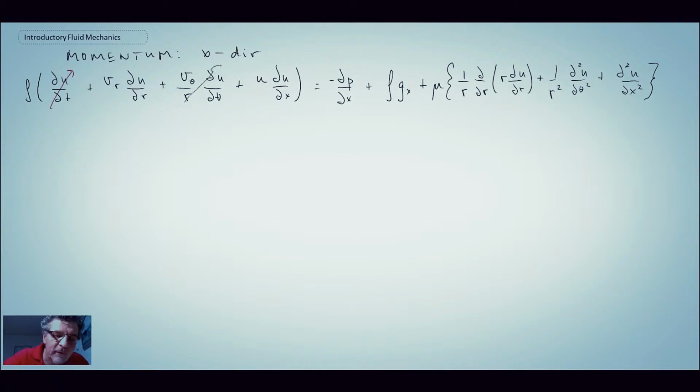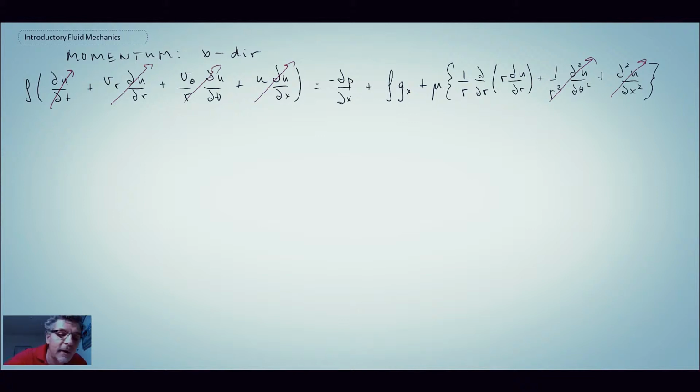We said there is no v theta or derivatives with respect to theta, so those disappear. We said the radial velocity was 0 everywhere, so this term with v_r in it disappears. And we said the velocity does not change in the x direction, since we have fully developed flow, so that term disappears and that term disappears. So the equation reduces to a fairly simple one.